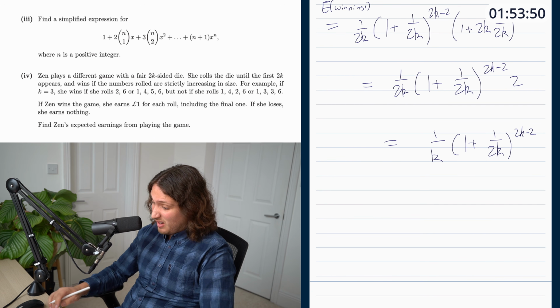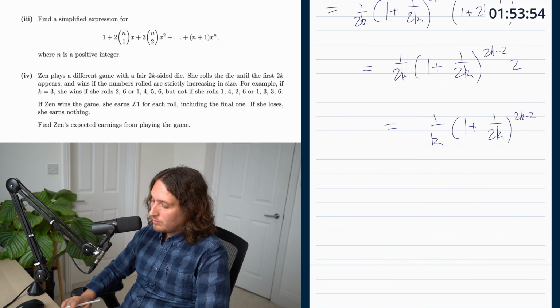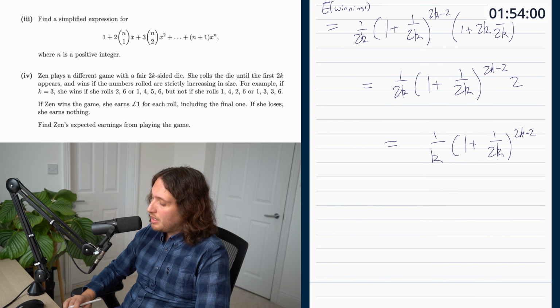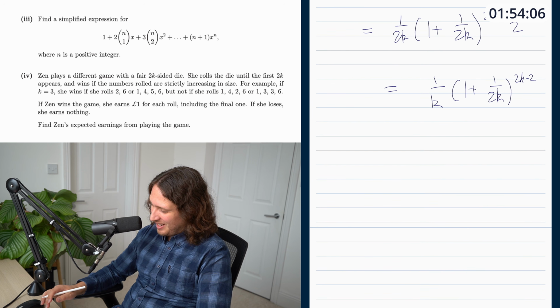Which I guess is fine. Yeah, I don't see a problem with that formula. Frankly, I'm too exhausted to think of a sanity check, but the answer seems reasonable.